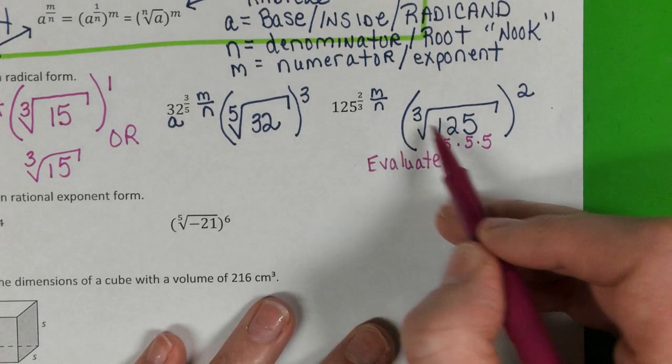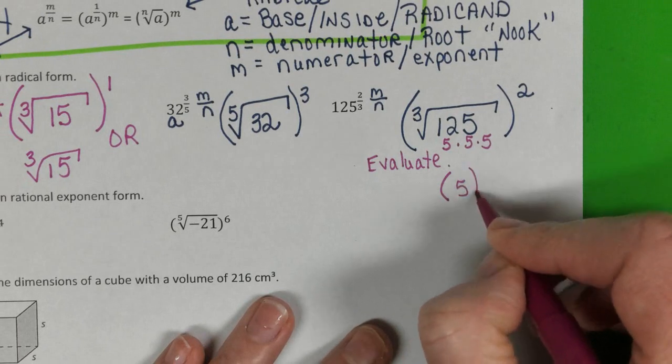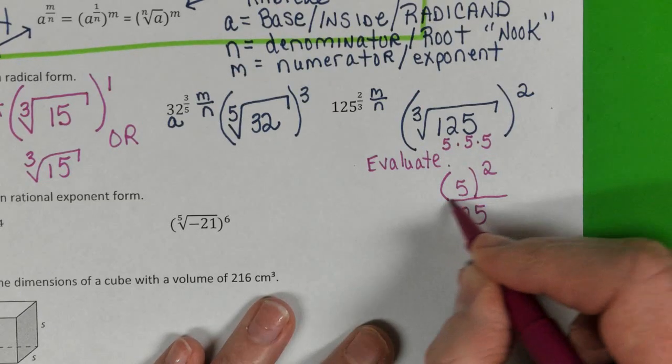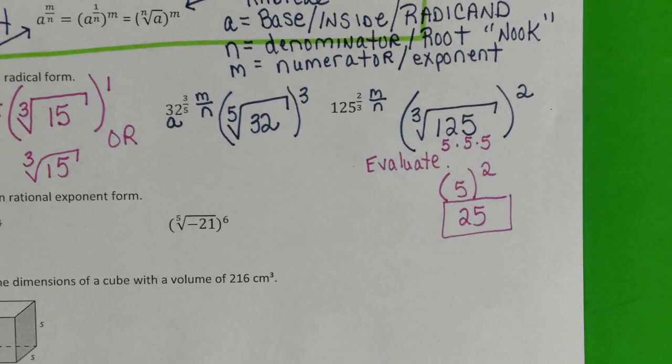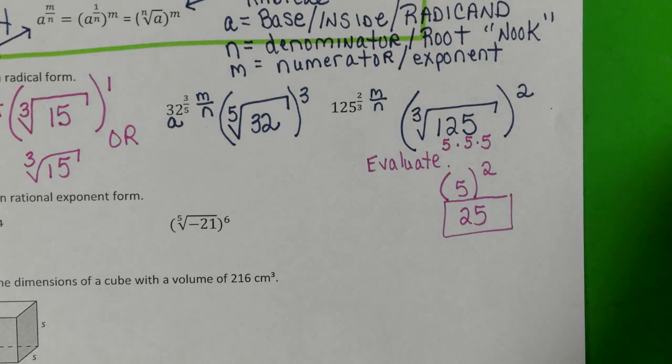So the cubed root of 125 is 5, and then 5 squared is 25. Okay? So if you did that with your calculator, you would see that it's the exact same thing.